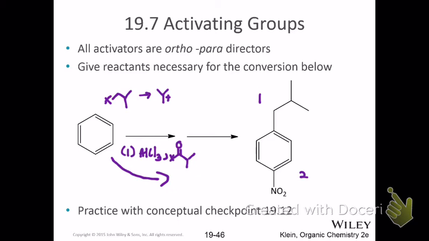And then the second step for that is the Clemmensen reduction. It's the mercury amalgam. It's HCl and zinc and mercury.